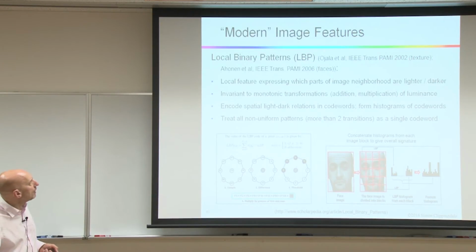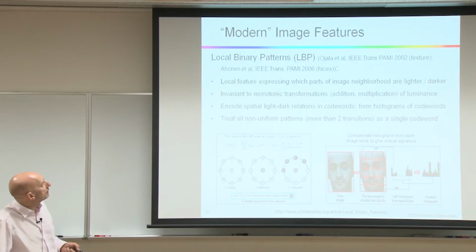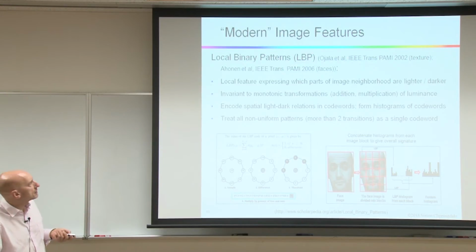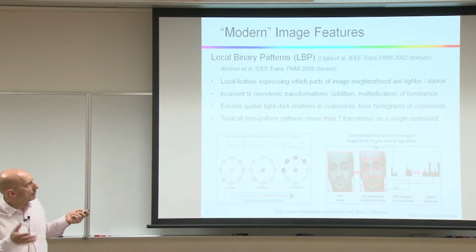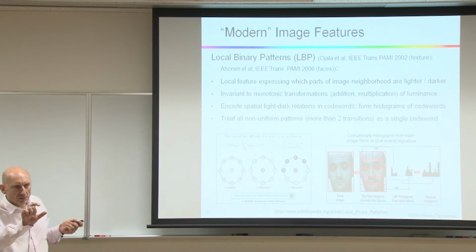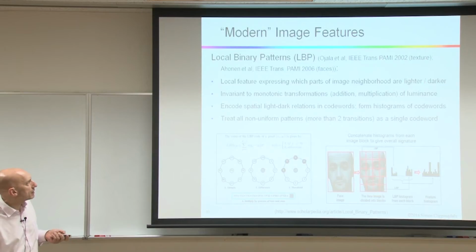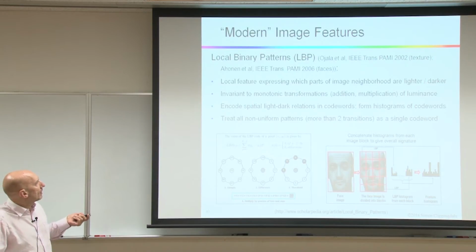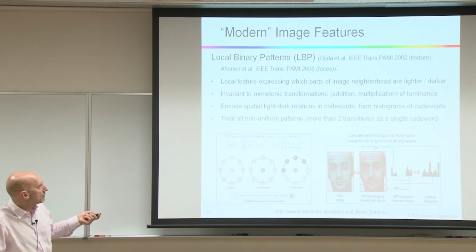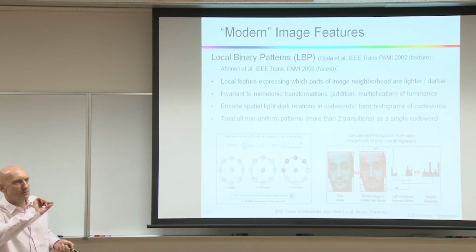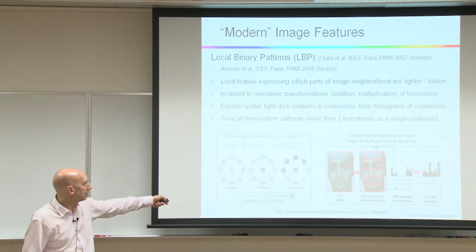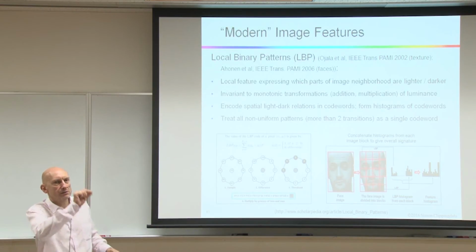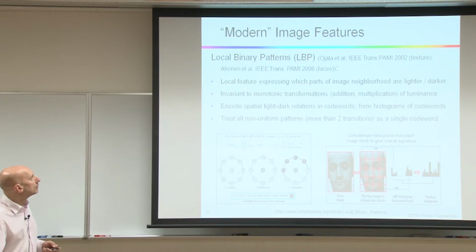Another popular feature recently is so-called local binary patterns, which are local features expressing local lightness and darkness variations. Essentially, at a given point, you look at how many times the signal in surrounding areas gets lighter and darker as you go around looking at the pixels.